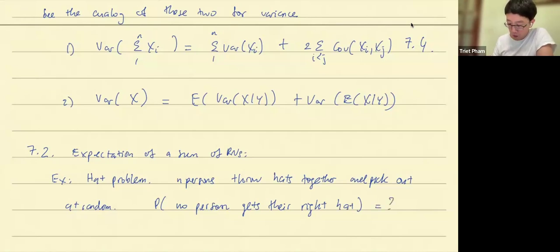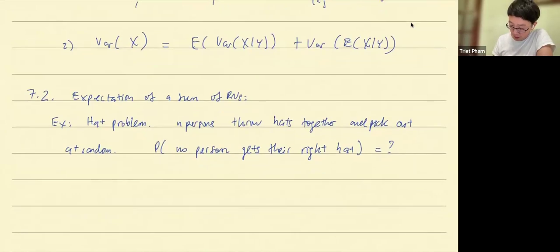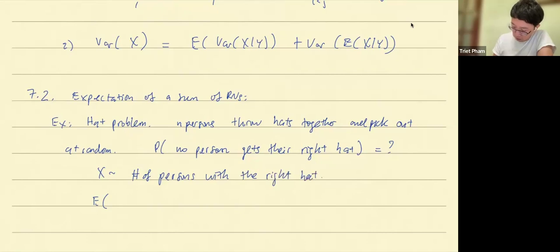But right now, the question we want to discuss is the expectation of the number. Let X be the number of persons with the right hat, and you want to find this number.